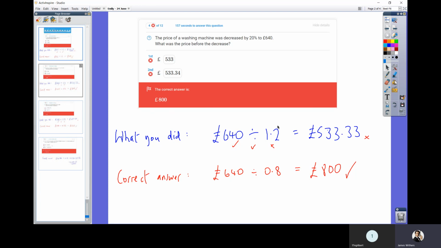You've gone and used 1.2, which would have been correct if it had been an increase, but because it was a decrease, the multiplier should have been 100 take away 20, which is 80%, giving us a multiplier of 0.8. So that was just a question on number 4, Emily. I just think you misread the question.